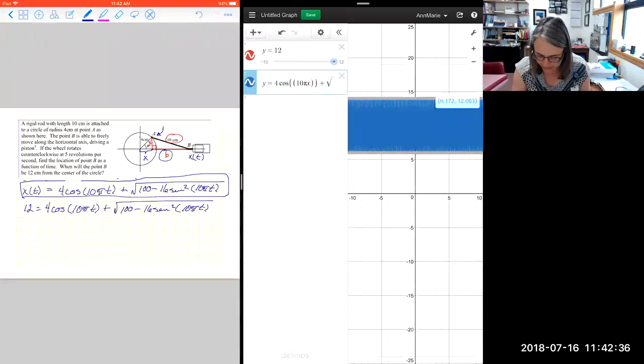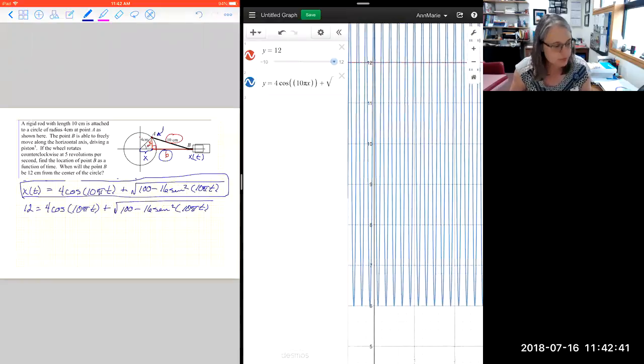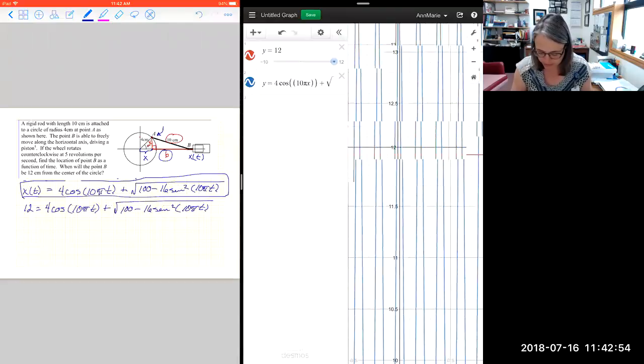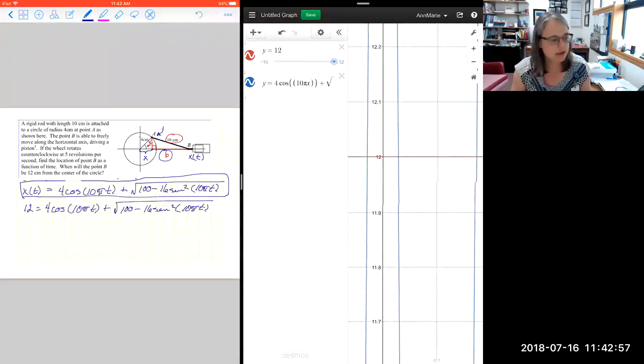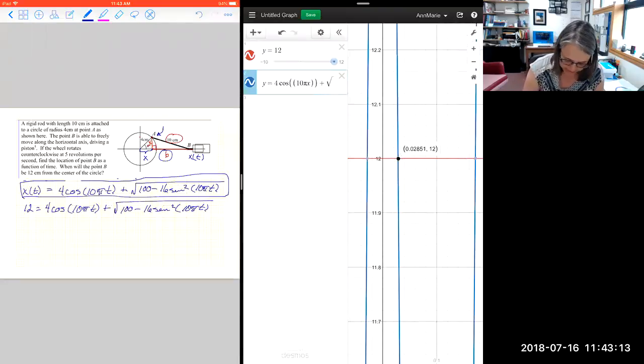Okay, and I'm going to zoom in because I really just want to know the first time that the rod, well, is that what I want to know? We'll talk about this. Let's start with the first time my rod is 12 centimeters from the center of the circle, and it's right here at 0.02851 seconds.